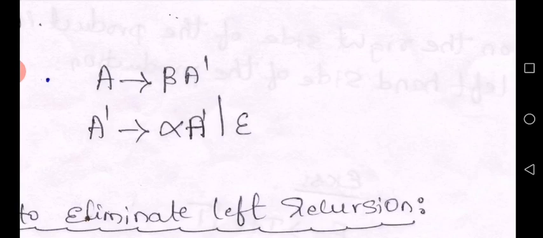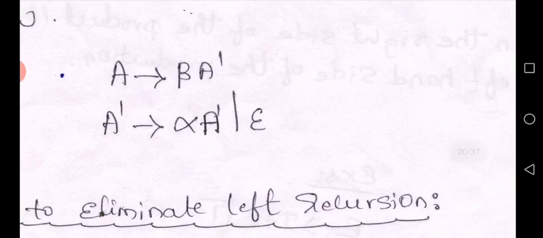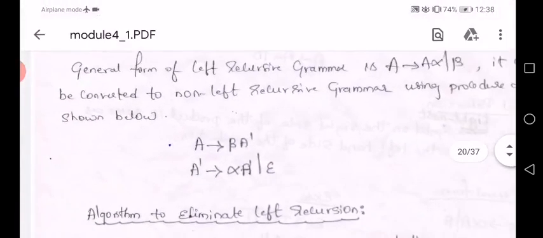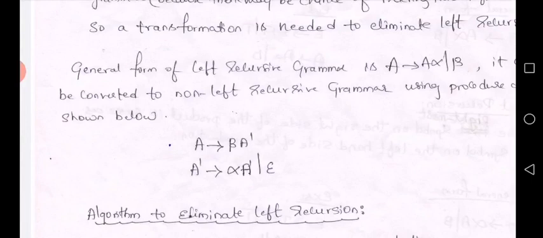Later A dash should be substituted as epsilon. Then you are left with beta followed by n number of alpha. We are not changing the meaning or the output of this string. The only thing changed is the left recursion.